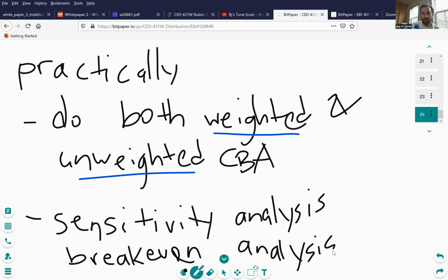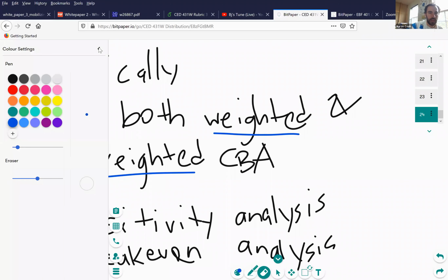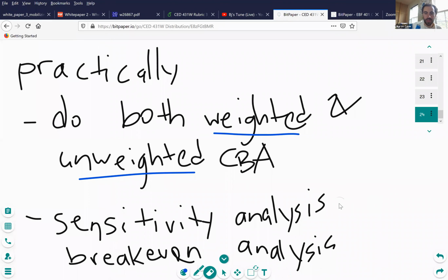That's one way to do a break-even analysis: choosing the weights that would make the policy switch from negative to positive. That's one way to deal with this. Choosing different sets of weights is all advisable when you're trying to make these decisions that are inherently very subjective.